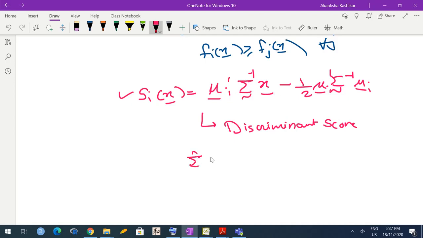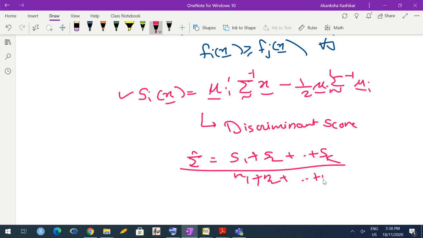Sigma we will replace by a common estimate, so sigma hat would be (S1 plus S2 plus Sk) upon (N1 plus N2 plus Nk). Okay, and mu hat is the usual x mean of the ith population. So the rule says that compute the discriminant score for all the k populations and assign x to that population for which this value is maximum.